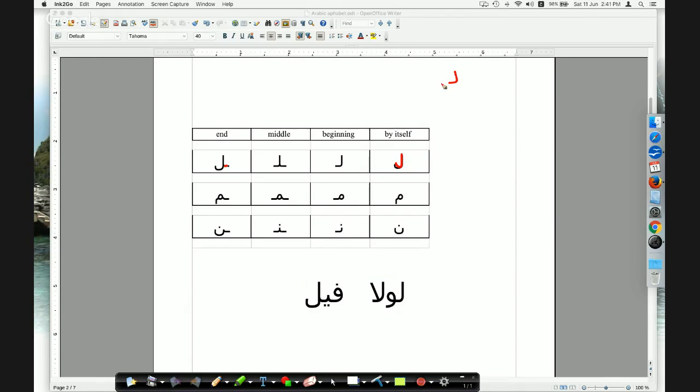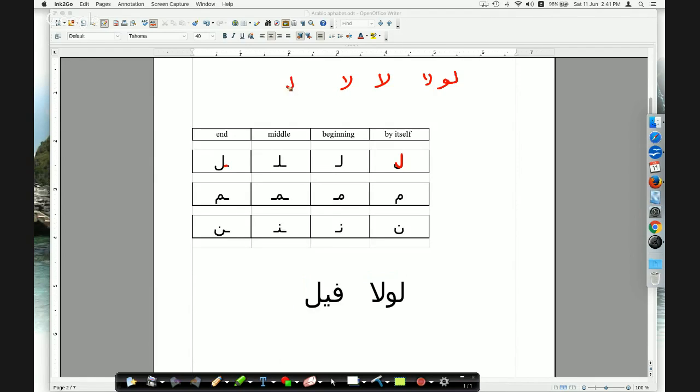La, u, la. You see the la, we said when it's connected to alif, the alif does not accept connection from the left. Now you see here I'm not connecting it, but if you connect it, it's the same. Don't worry about la like this, or la like that. It's fine. People understand that this is la.